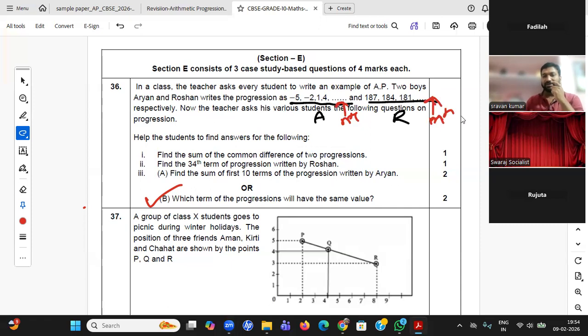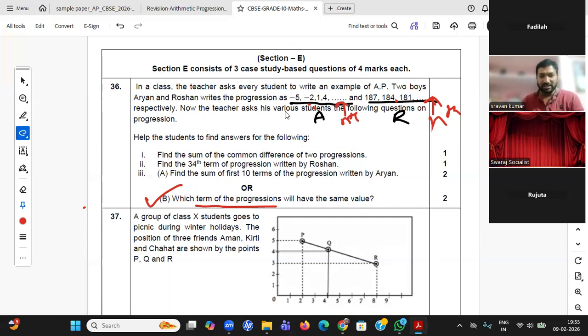An equal to am, that is what you need to do. Here it's also the nth term only, so you should just relate it. You should make them equal because he's asking which term of the progression.